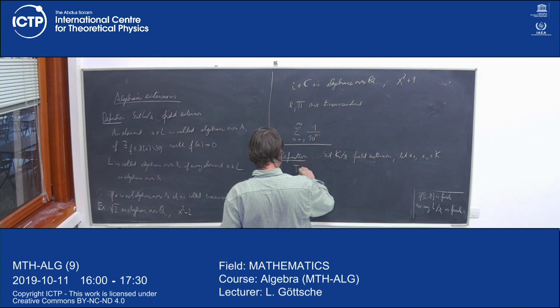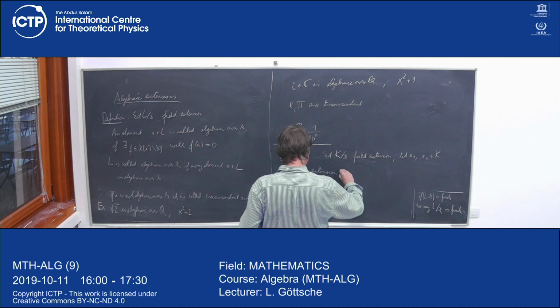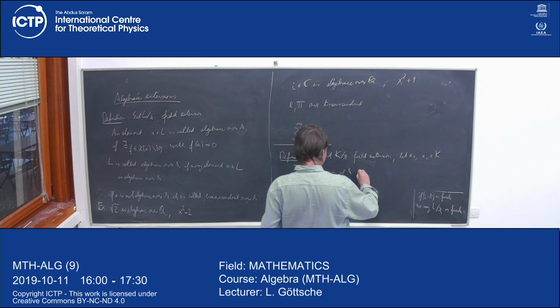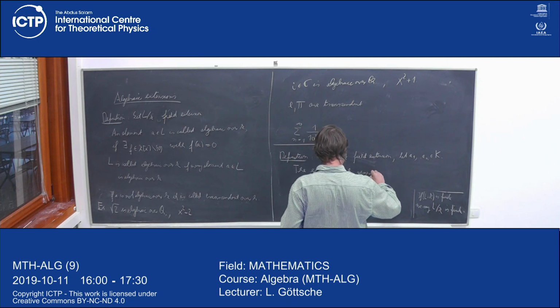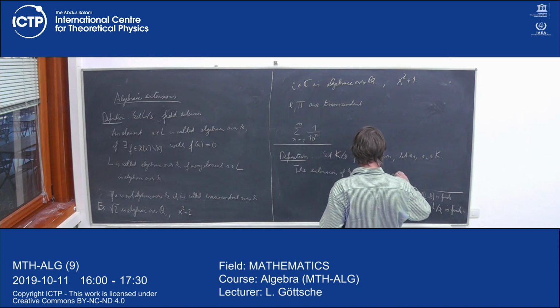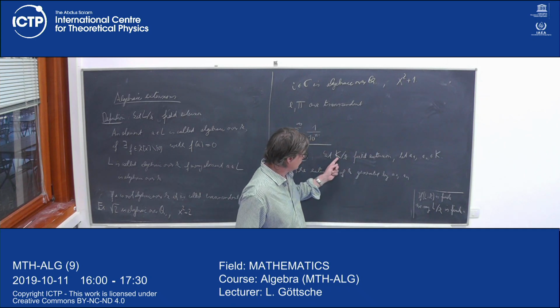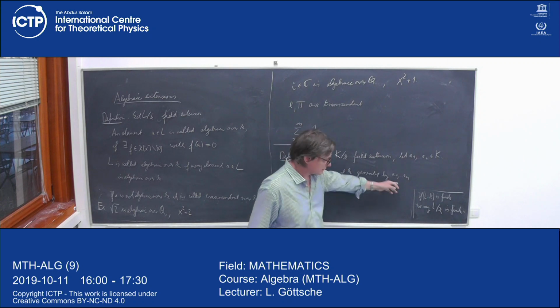The extension of small k generated by A1 to An is supposed to be the smallest subfield of large K which contains small k and which contains these elements.